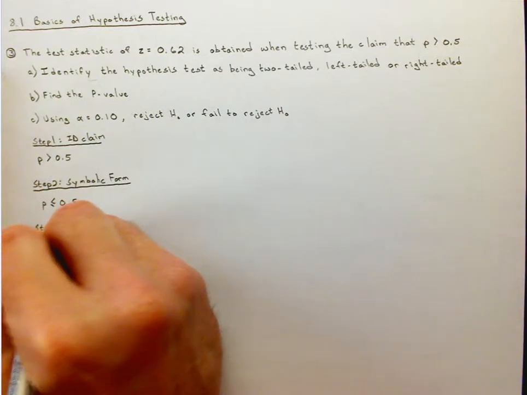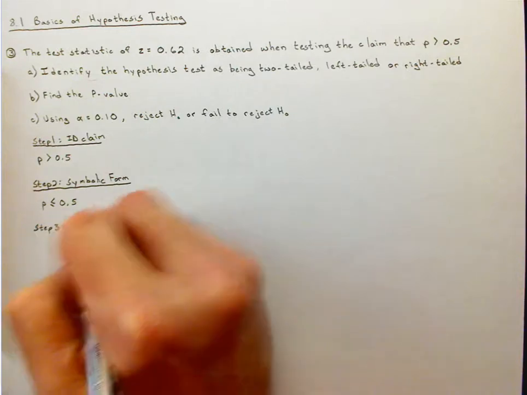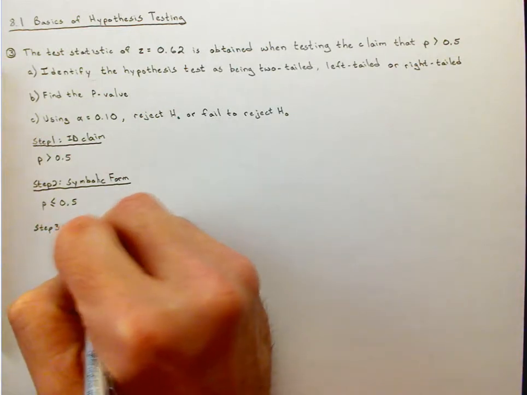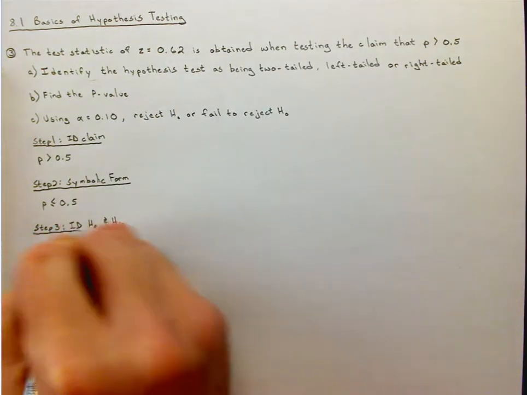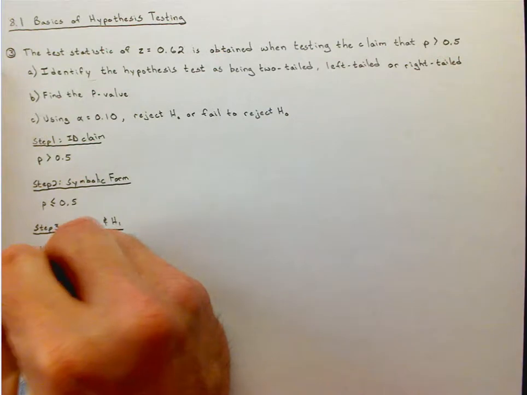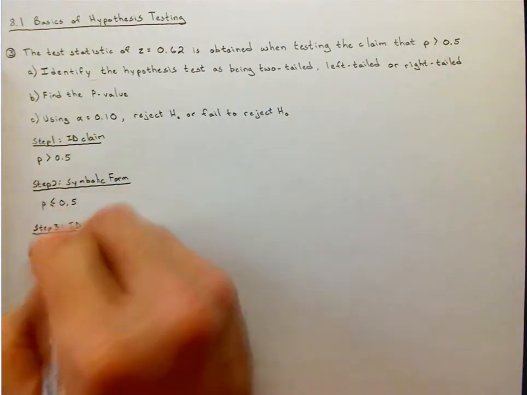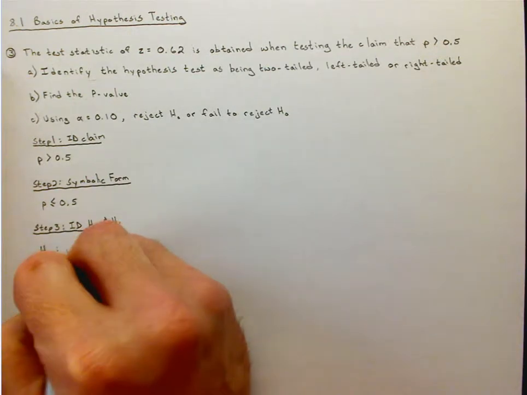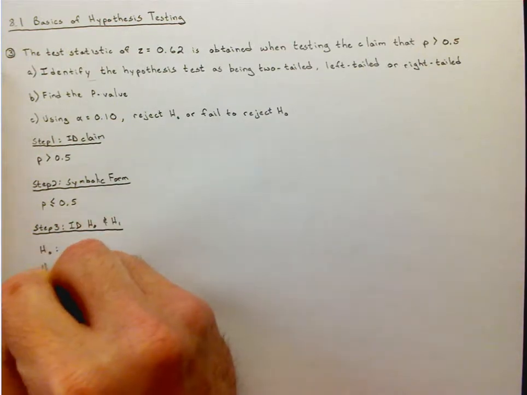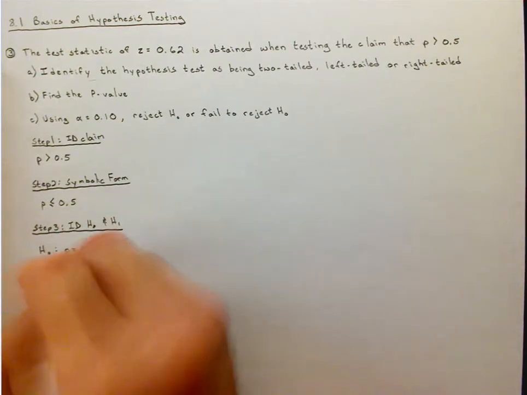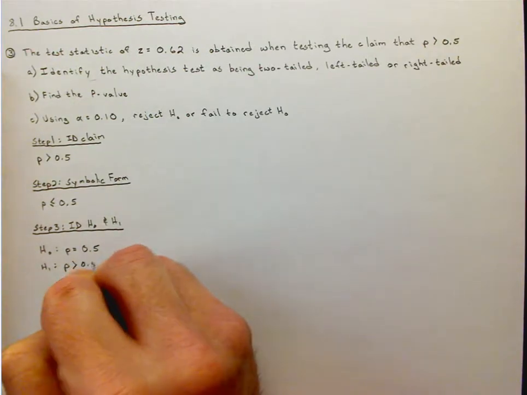In step 3, we'll call it ID the null and alternate hypotheses. So my null hypothesis is simply p is equal to 0.5. My alternate hypothesis does not contain equality.